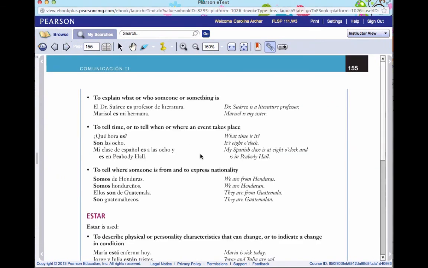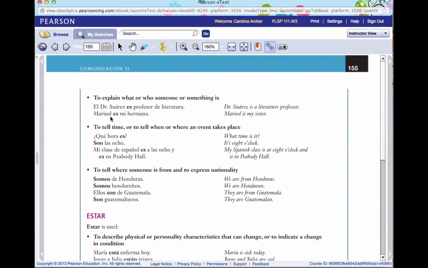Okay, so to explain what or who someone or something is, we use the verb ser. El doctor Suárez es profesor de literatura, because that is describing him. Marisol es mi hermana. If you use the word estar, that means that Marisol is my sister today, and maybe she won't be some other time.